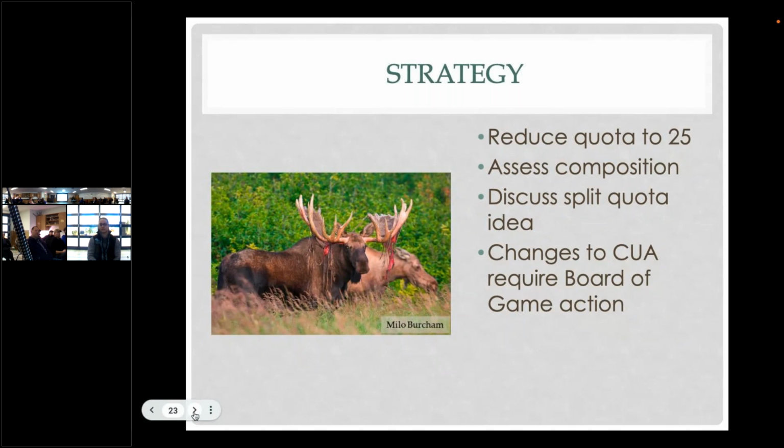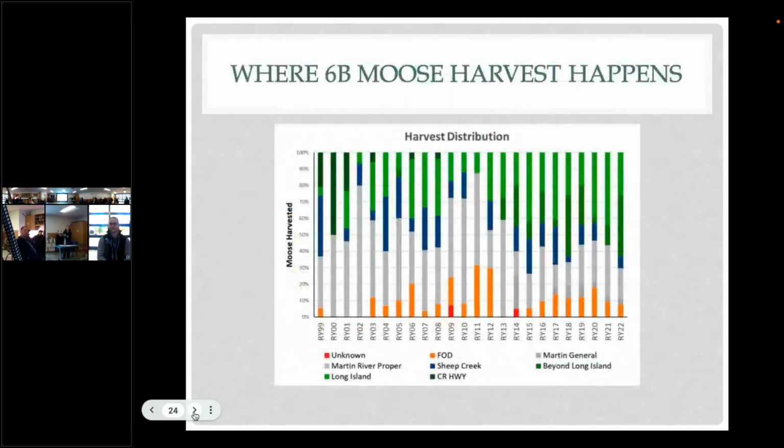So I know I'm going to get this question, so I made the graph and I'm putting it up here. People want to know the distribution of harvest and where the moose in the Martin are coming from. So these dark blue bars here are moose that were taken in Sheep Creek. Anything above that in the green are moose that were taken from Copper River Highway, Long Island, basically accessible to, supported by a vehicle.